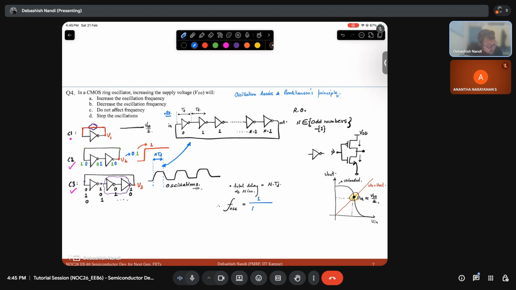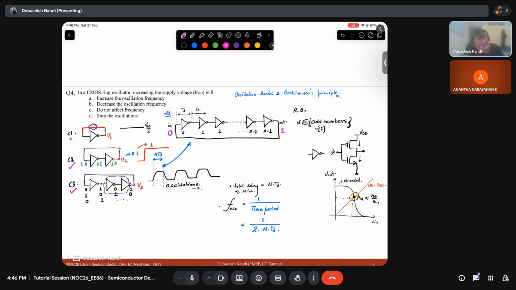Can you quickly check and correct what you have said? What is the time period of the signal? It is not just NTD, it is two times NTD, right? So 0 to 1, you see, if this is 0, this will give you 1.